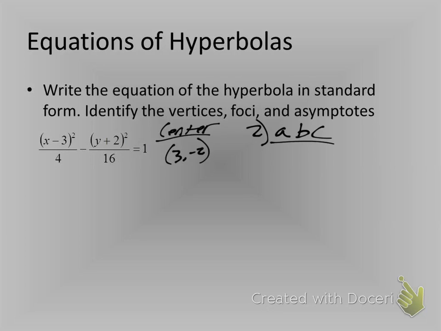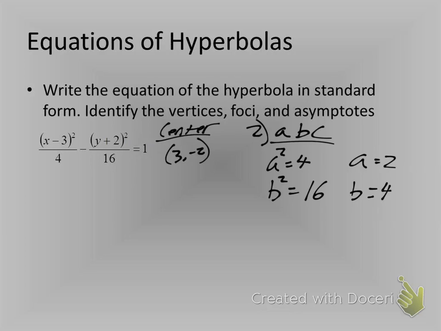So A squared equals 4, B squared equals 16. Which means A equals 2, B equals 4.